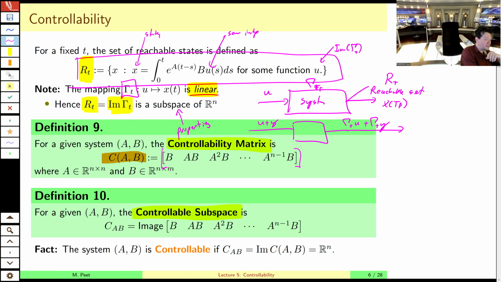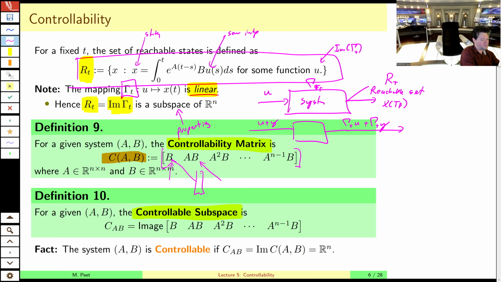It's just a function of the system representation A and B. So that's why it's written like a function, where you put the B in the first spot. B's generally look skinny, and in the second slot, we multiply that B by A.